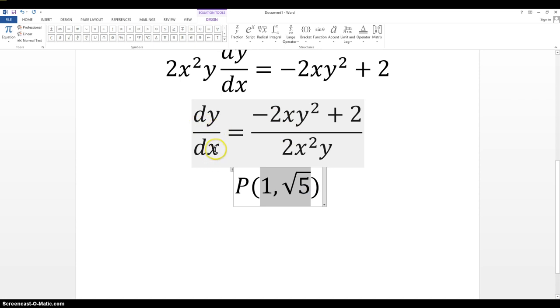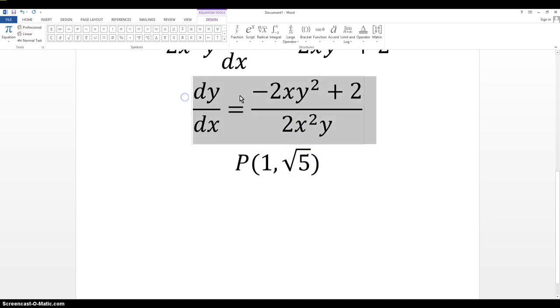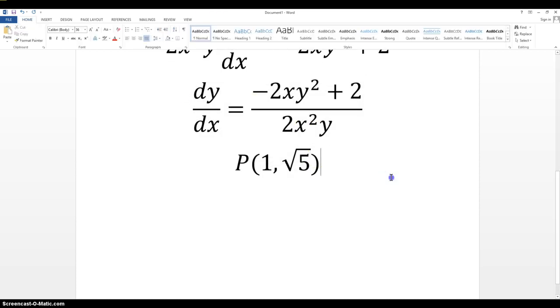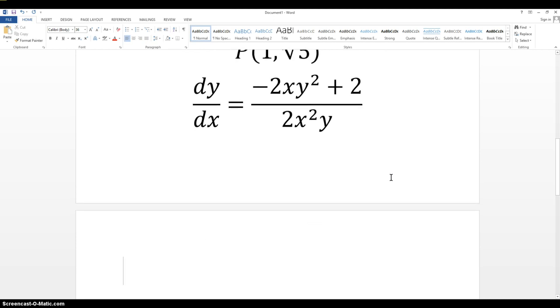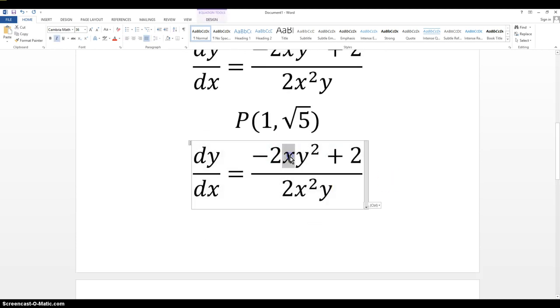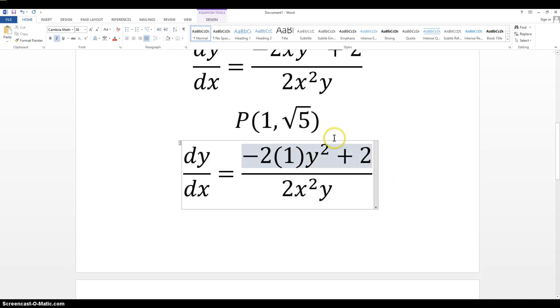Now when we're looking for the tangent line, we know that whatever dy/dx is, that is equivalent to what in relation to a line? The slope, correct. So now what I need to do is substitute the values of these points. So this x now becomes 1. This y now becomes square root of 5.